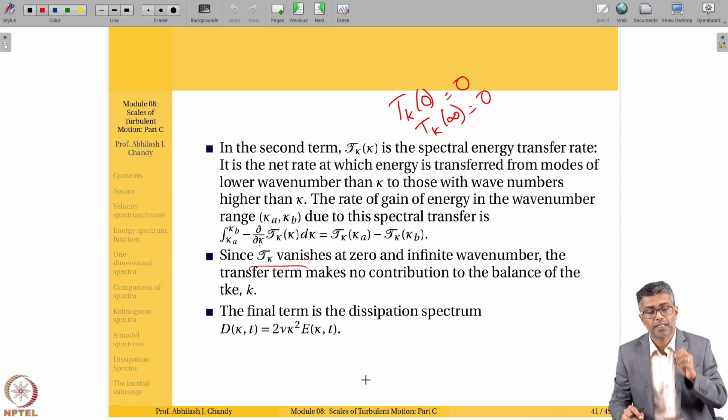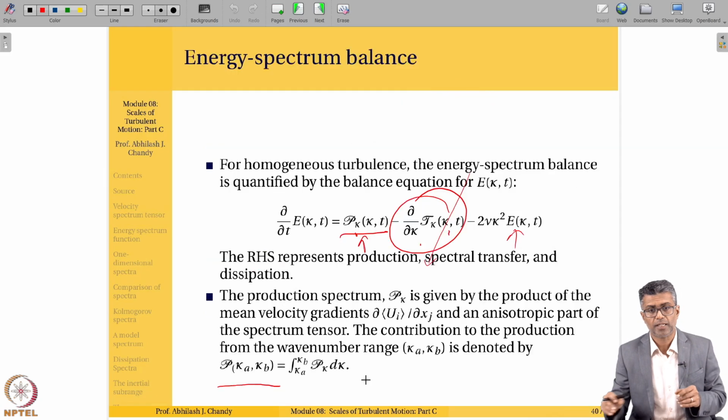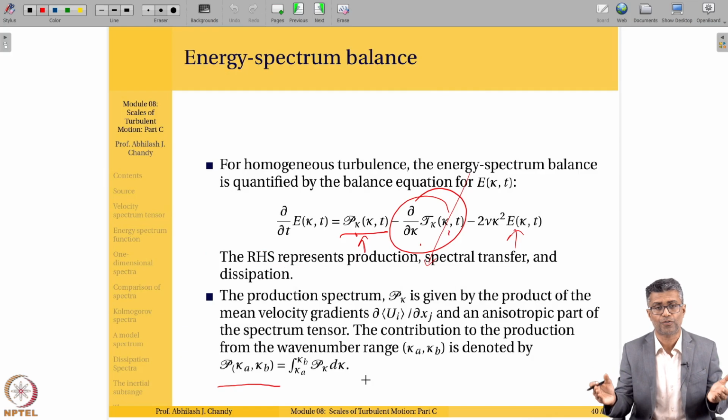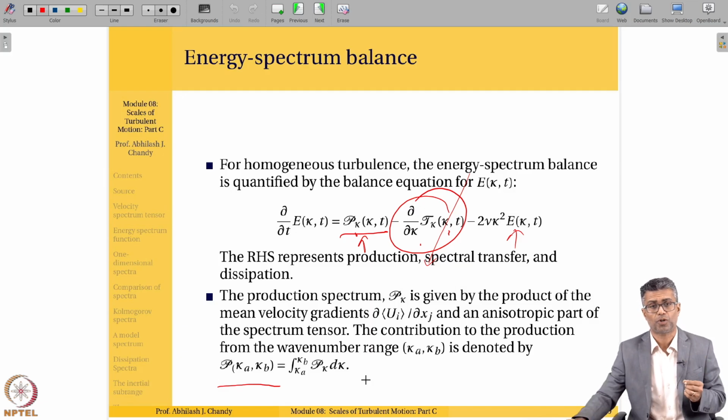If you notice here in the energy spectrum balance equation, the first term on the right hand side is the production term, the second term is the spectral transfer, and the third term is the dissipation, isn't it? But the second term looks slightly different from the first and the third term. The second term is a derivative with respect to wave number.